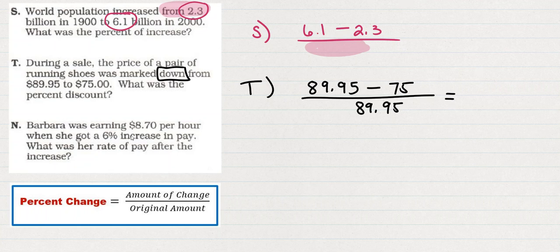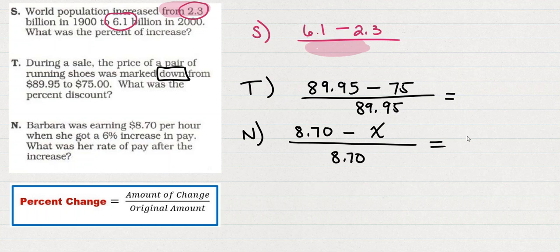Barbara was earning $8.70 when she got a 6% increase in pay. This one's a little bit different, so let's work this one out. $8.70 is where we started. If we take her increased pay, her new pay, and divide by her starting pay, we should get 6%, so 0.06.